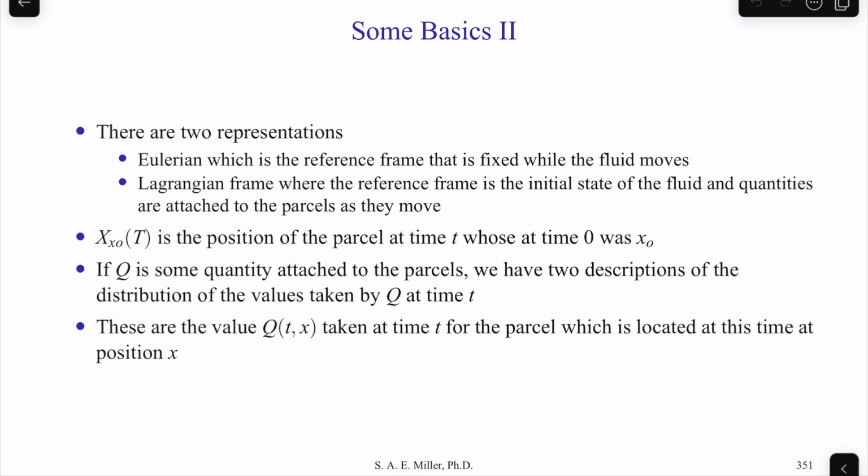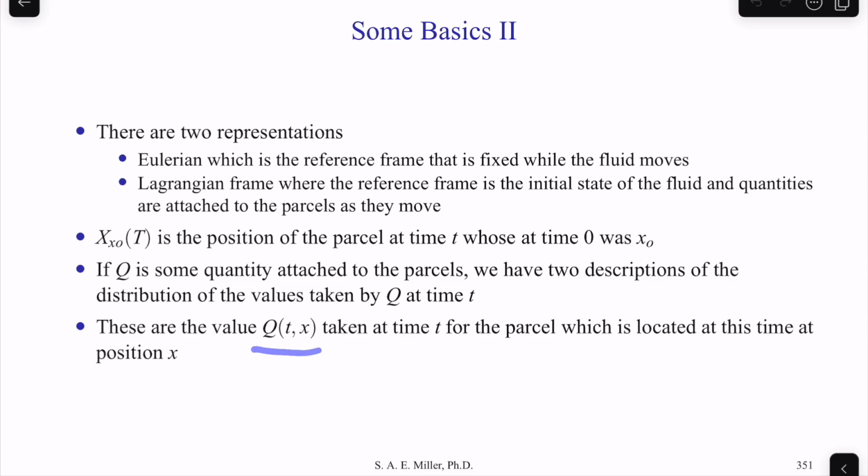Now there'll be some property Q attached to that particular fluid parcel as it moves through space, and we might view that as temperature or density or velocity or whatever, and we want to predict those. We might describe that fluid as having quantity Q at a particular time t, which might change in time and space.